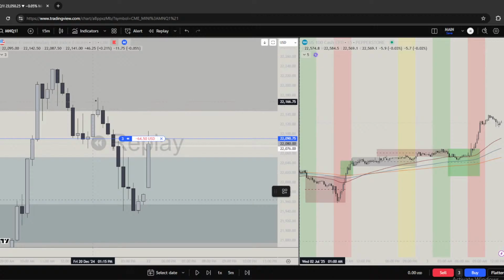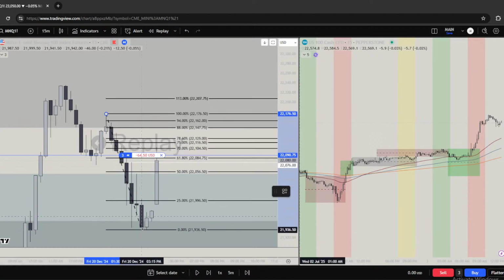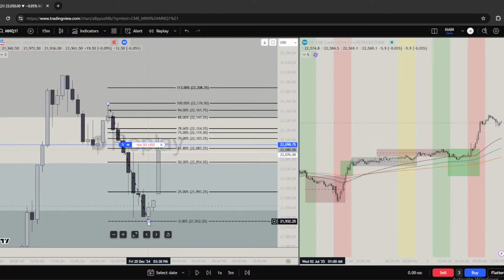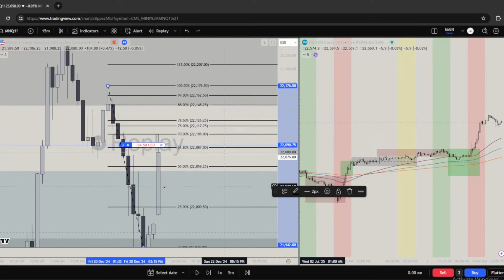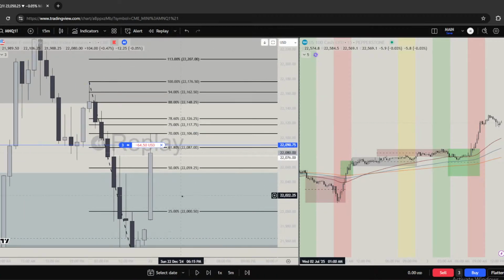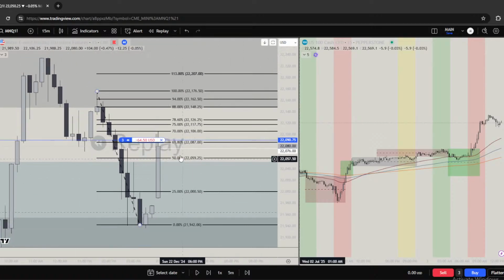I'm running from my last higher high to my last low, so we can see how far price wants to run. This should have been TP1.